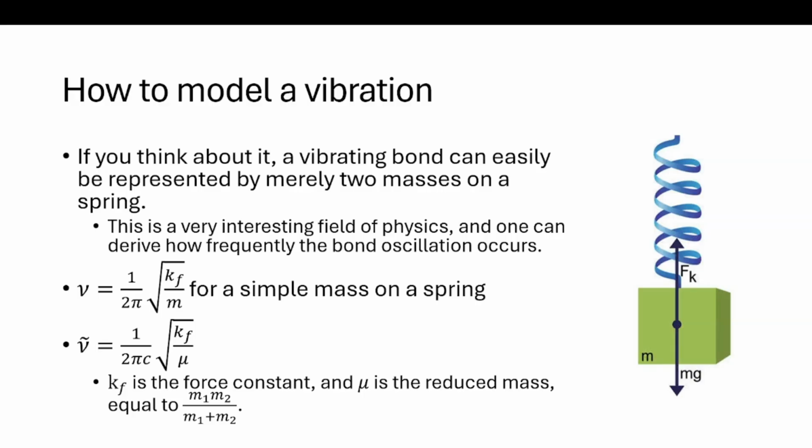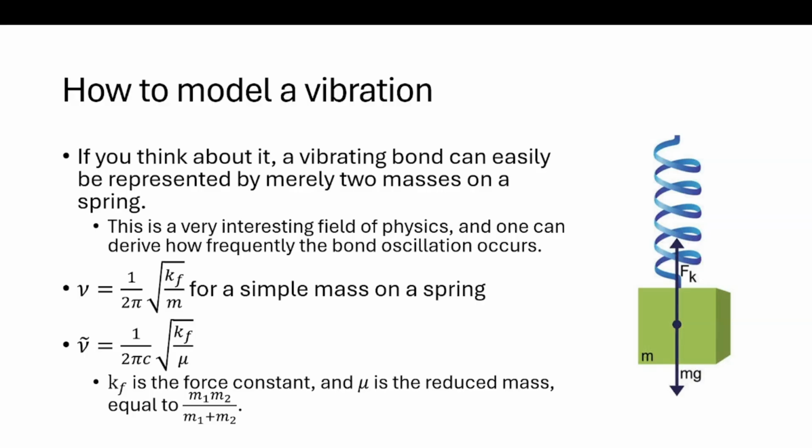So, no need to actually look at the derivation, but imagine that we have some sort of mass on a spring, like in the diagram shown to your right. The frequency of vibration is going to be equal to 1 over 2 pi times the square root of some constant known as the force constant. This is equivalent to the spring constant in physics problems over the mass.